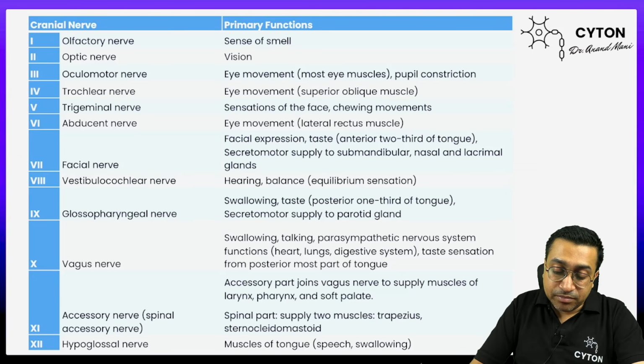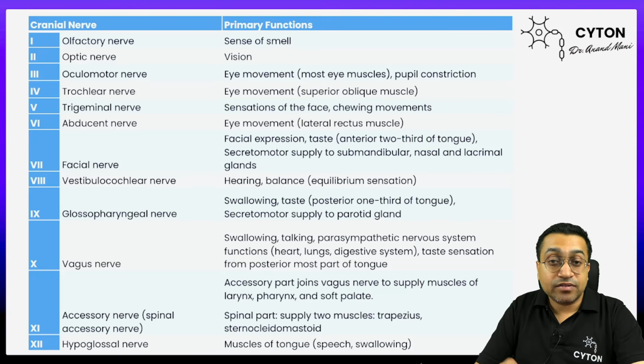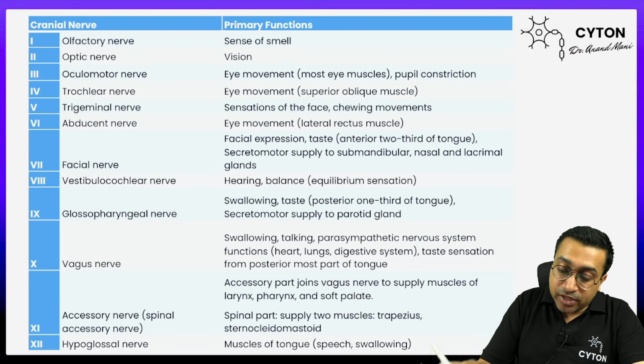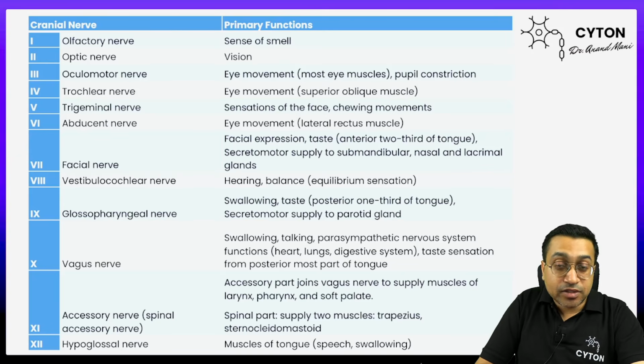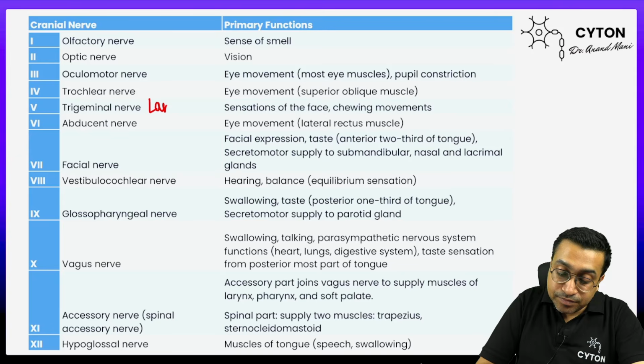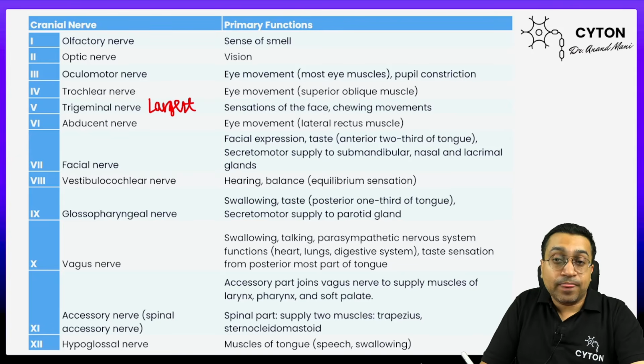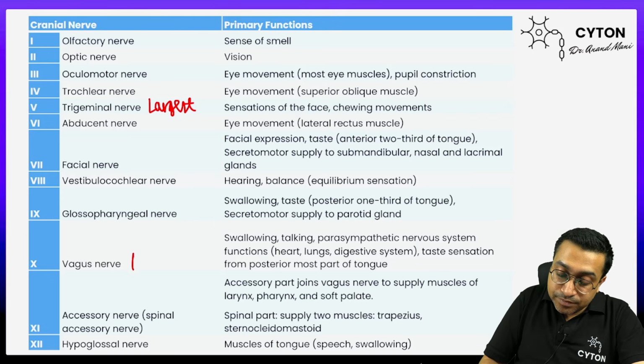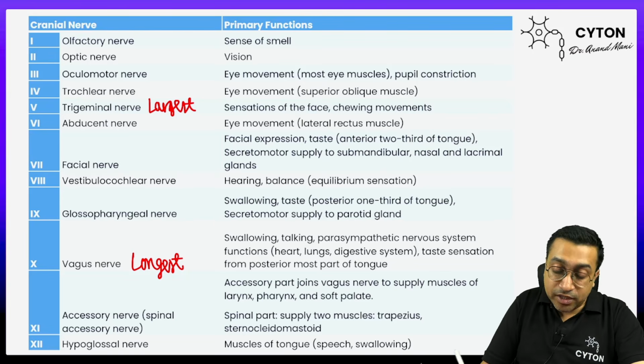Out of all of them, the trigeminal nerve, which we will read about in detail in the head and neck, is the largest cranial nerve, the vagus is the longest, and the trochlear nerve is the smallest. So you can write: trigeminal is the largest, vagus is the longest, whereas trochlear is the smallest.